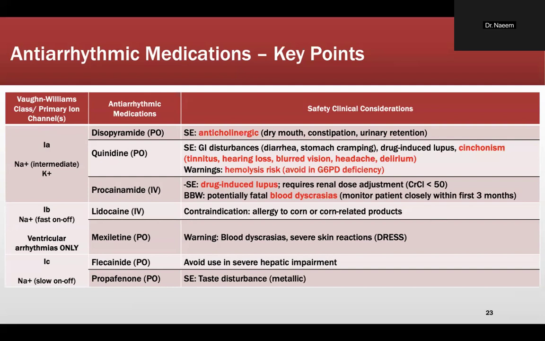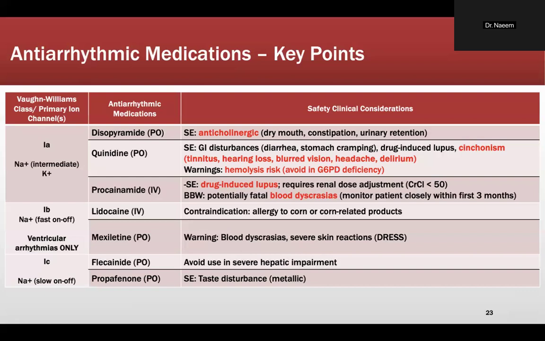The main thing that we ought to consider is it can cause anticholinergic side effects. Quinidine is one known to cause a ringing in the ears sort of sensation, which is called cinchonism. I don't even know how to say that. Tinnitus, hearing loss, blurred vision, headache, delirium. It can also cause hemolysis risk, so it ought to be avoided in G6PD deficiency.